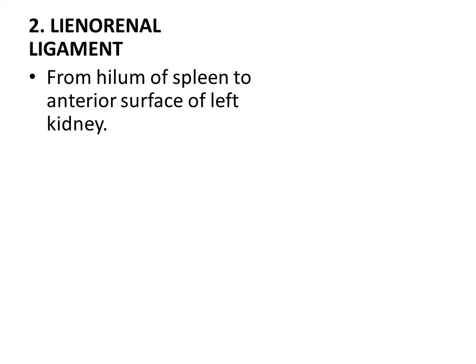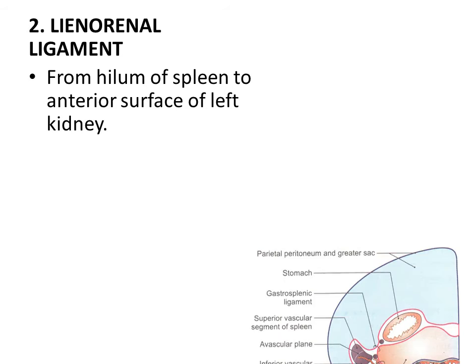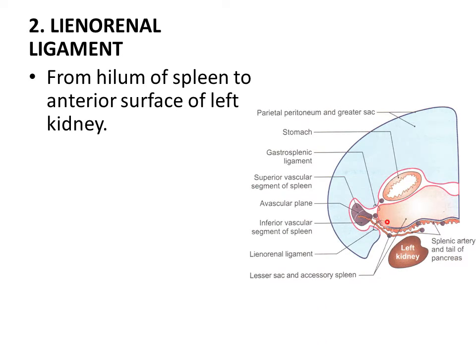Next, the second important ligament is the lienorenal ligament. Now from where to where does it extend? It extends from the hilum of spleen to the anterior surface of left kidney. Now again the same diagram over here, horizontal section through the supracolic compartment of the abdomen showing the horizontal disposition of the peritoneum. Now see again, this is stomach, spleen, gastrosplenic we have already done.